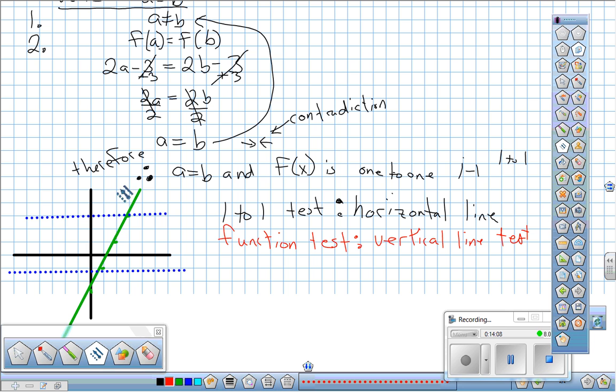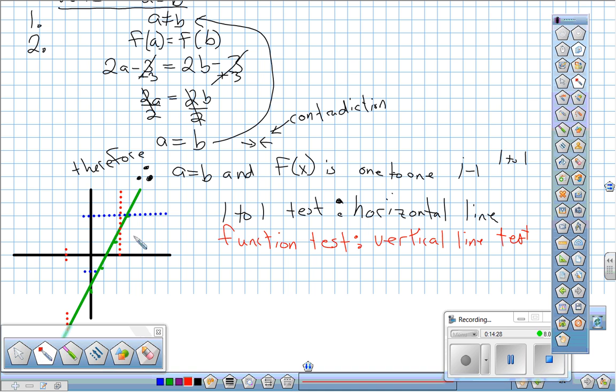So this is indeed a function because it only passes through one time. Let's try to erase some stuff because we don't need it all on there all the time. So what we have is a function that is 1 to 1.